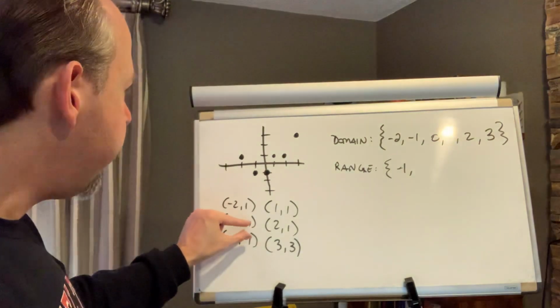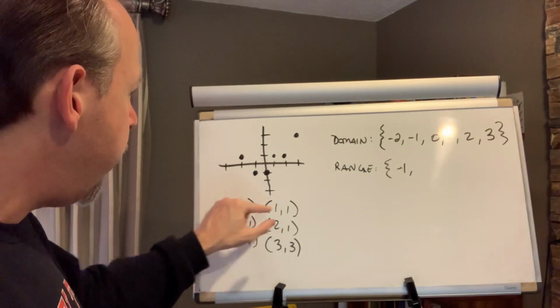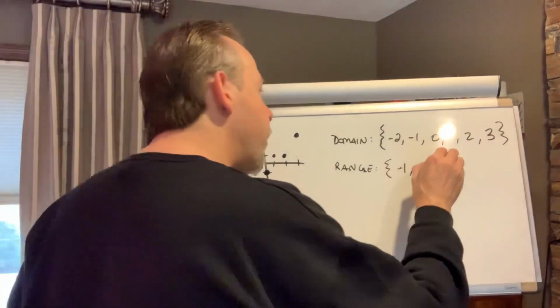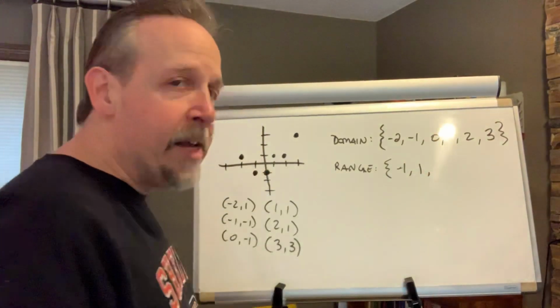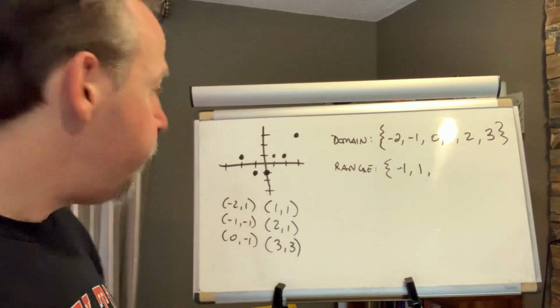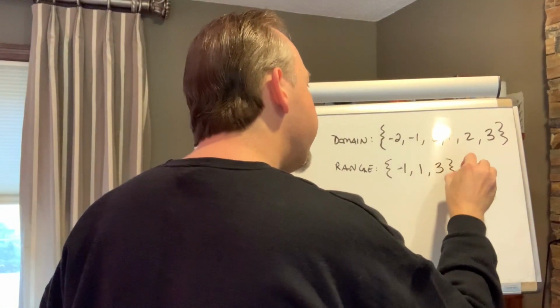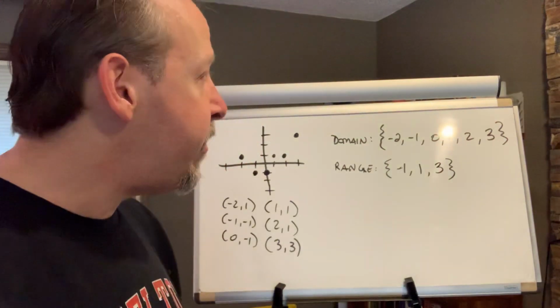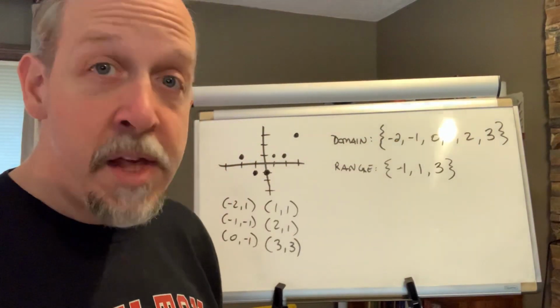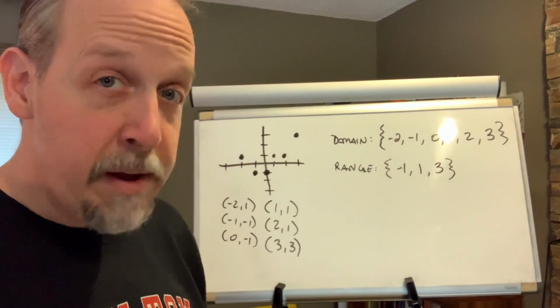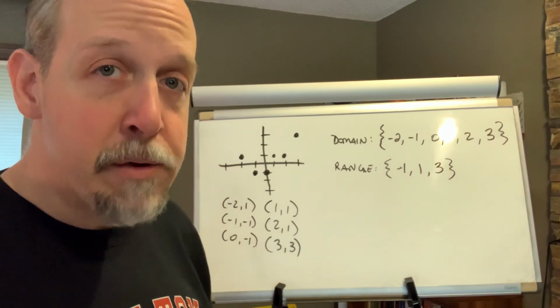So -1 is the first one. Now, 1 happens 1, 2, 3 times, but I'm only going to write it once because, again, we're just listing the numbers within the range. And then there's a 3. So the domain has 6 distinct values within it, and the range only has 3. That's fine, because we don't list repeaters.